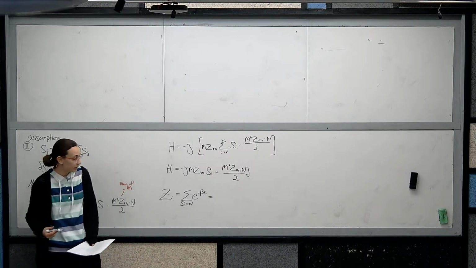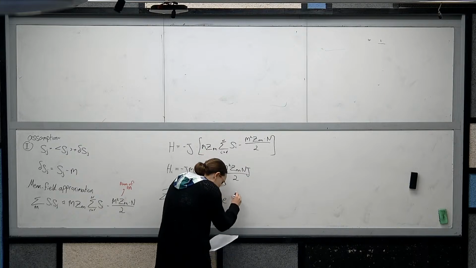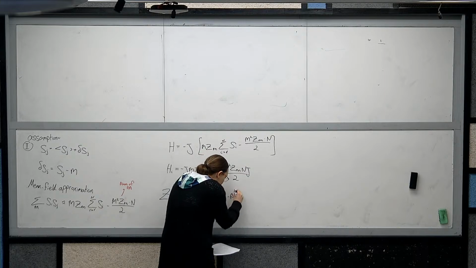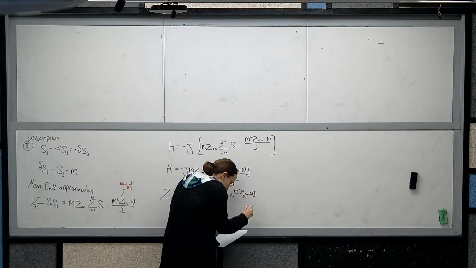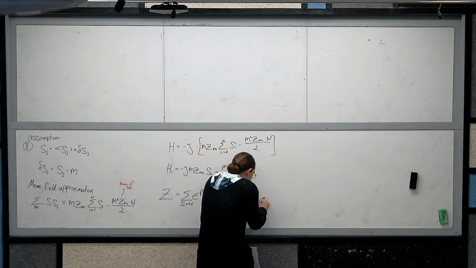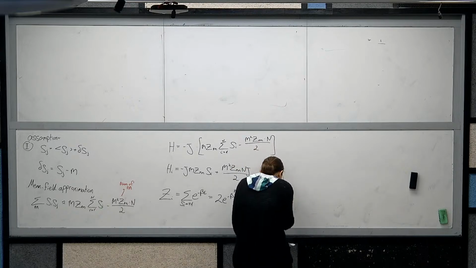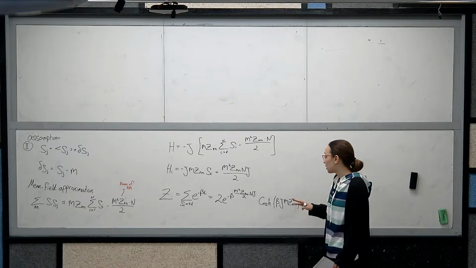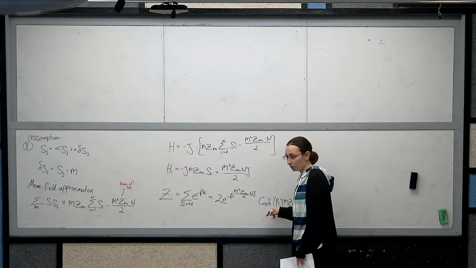Okay, so we will get 2 e to the minus beta m squared z and N, big N, J divided by 2, times hyperbolic cosine of beta J m z and N. So we have here some constant and we have here the dependence on the temperature.